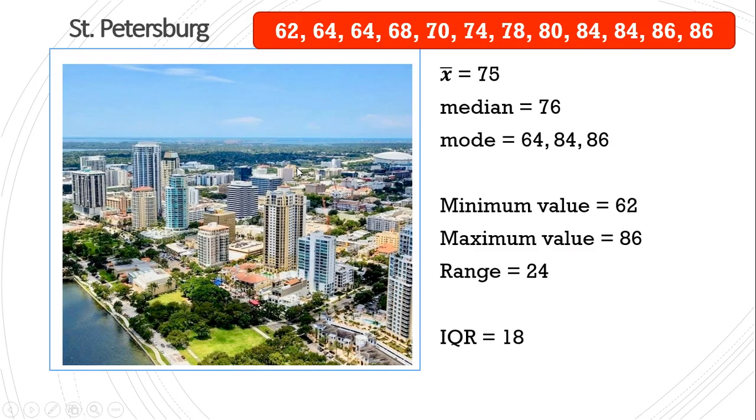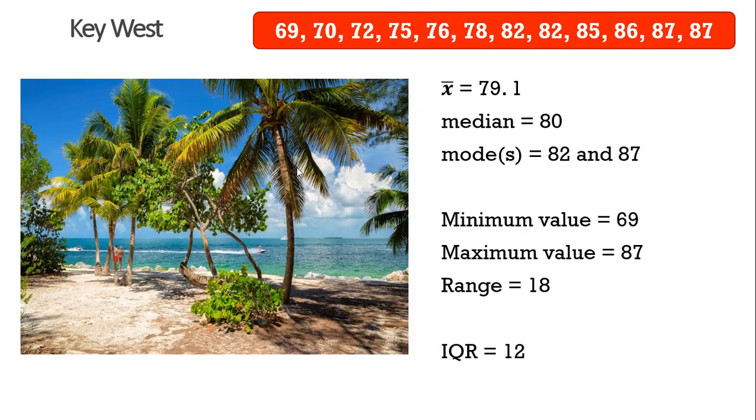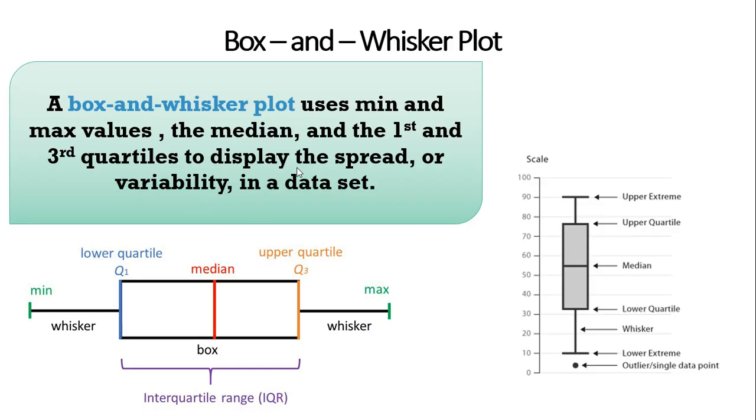So St. Petersburg, to reiterate, we found that the mean was 75, median was 76. It was trimodal, 64, 84, and 86 degrees were the most frequently occurring temperatures. Minimum value of 62, maximum of 86, and we ended up finding that the range was 24 and an IQR of 18. Now, we did the same thing with Key West, and comparing all of these different data values gave us a better overall understanding of the value.